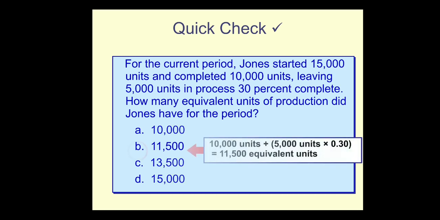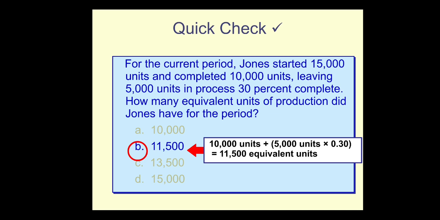So the answer is like this. At the end of the accounting period, the ending inventory equals 10,000 units, that is the completed units, plus 5,000 units times 30%, that is the WIP or work in process inventories.